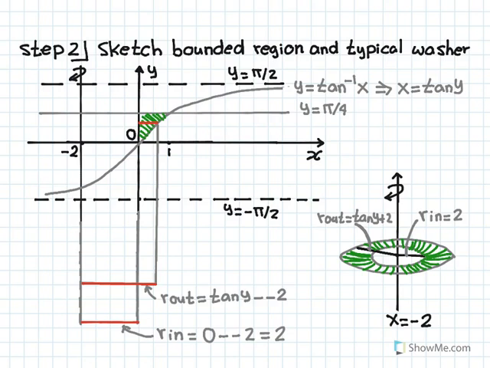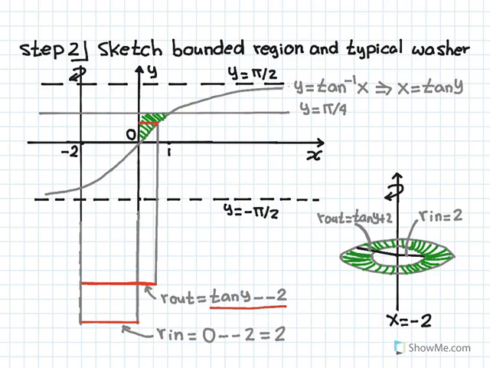So basically, it's this distance here. The outer radius is going to be tan y minus negative 2. So we look at the x value corresponding to the tangent function, that's x equals tan y, and subtract negative 2. So it's going to be tan y minus negative 2, we get tan y plus 2.